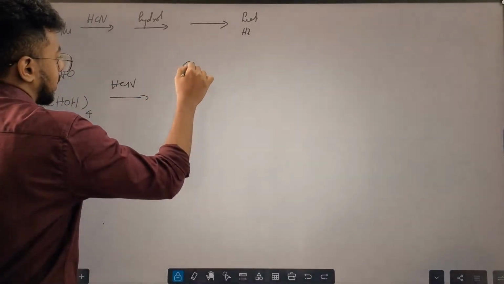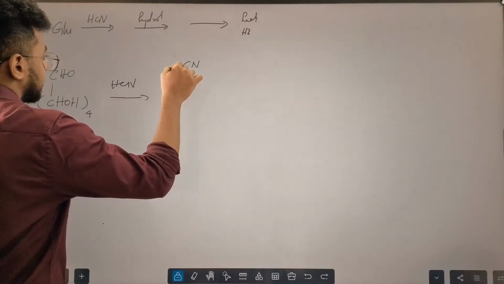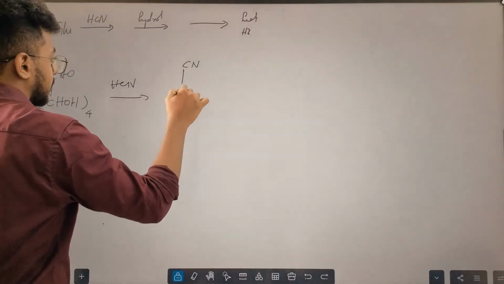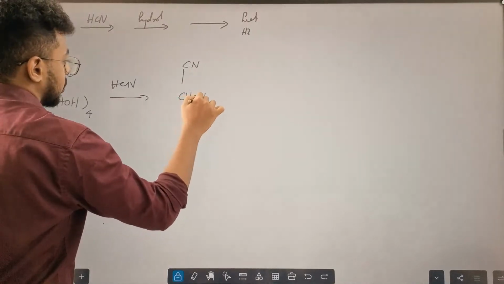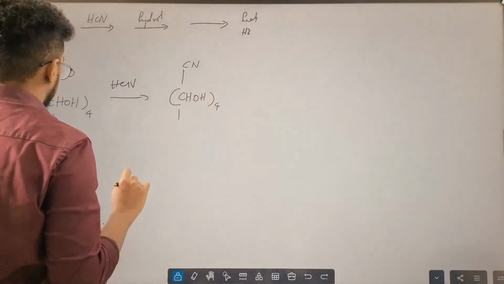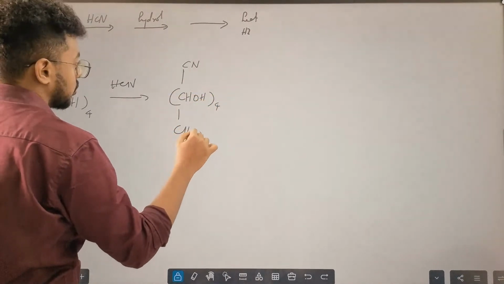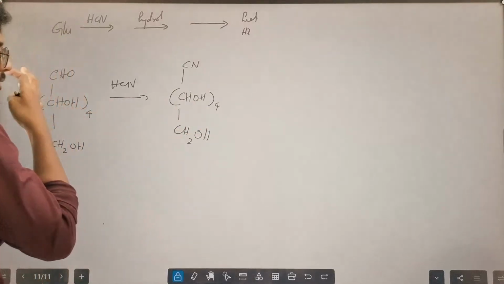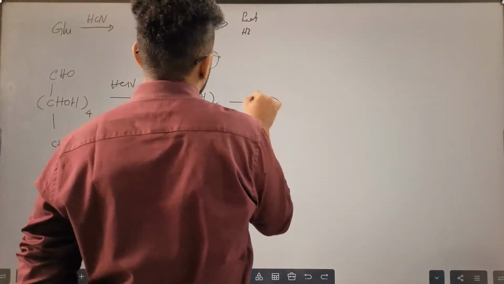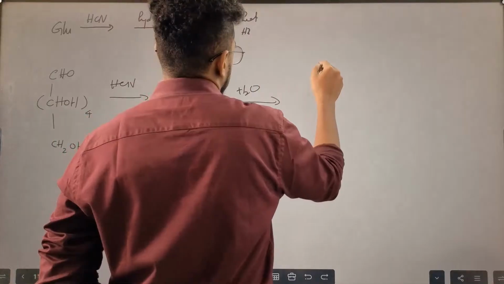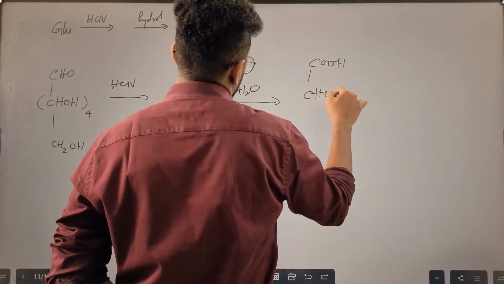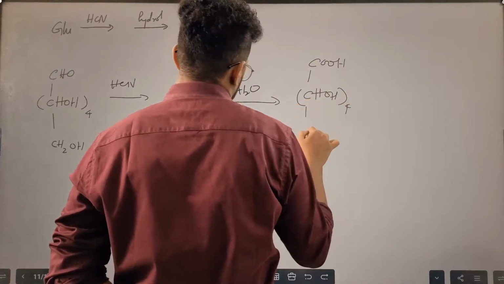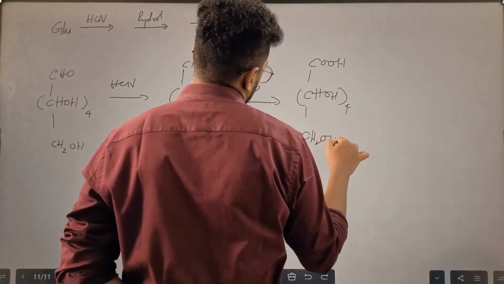That is CN, CHOH 4 times, and you get CH2OH. On hydrolyzing, this CN is converted to COOH, and this is CHOH 4 times, and this is CH2OH.